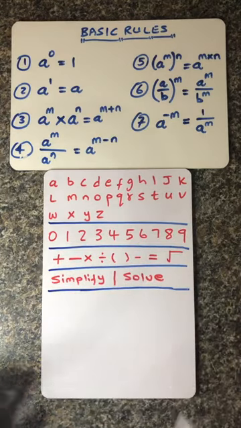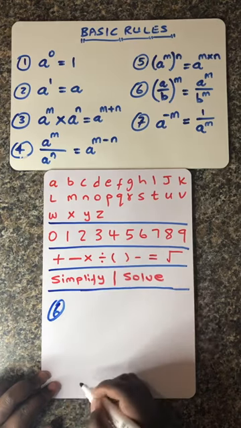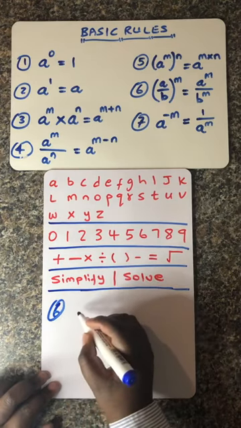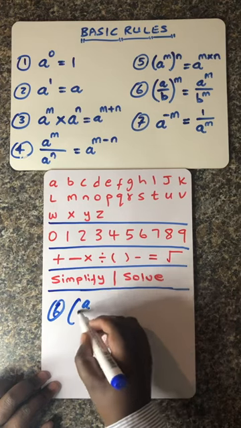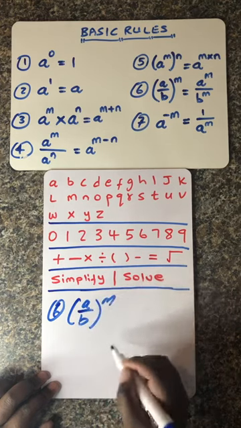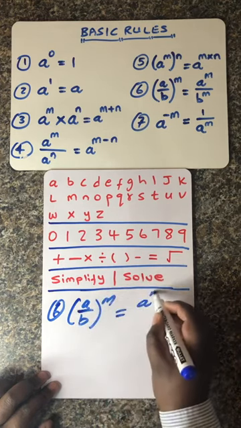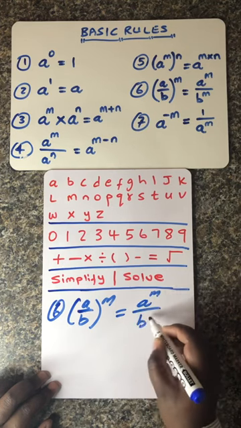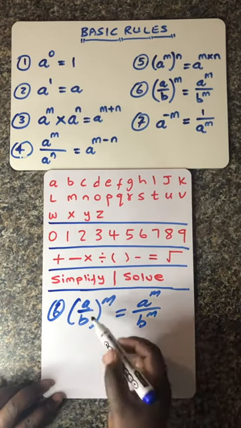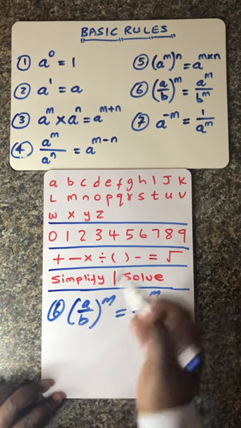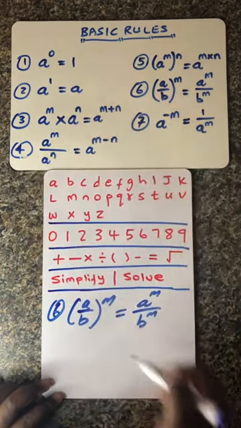Okay, so now let's get to rule number 6. Rule number 6 says a over b, all to the exponent m, is equal to a to the exponent m over b to the exponent m. Okay, can you see, guys? Don't confuse this with rule number 4.